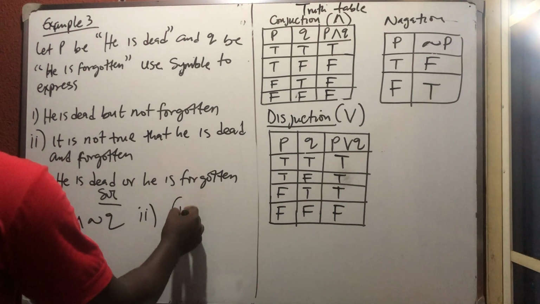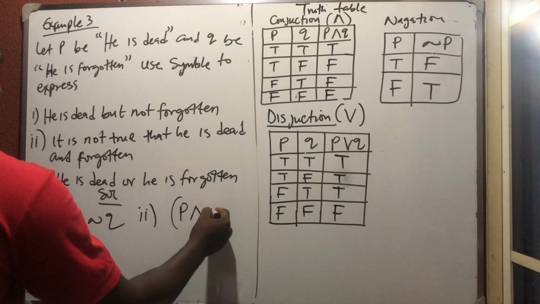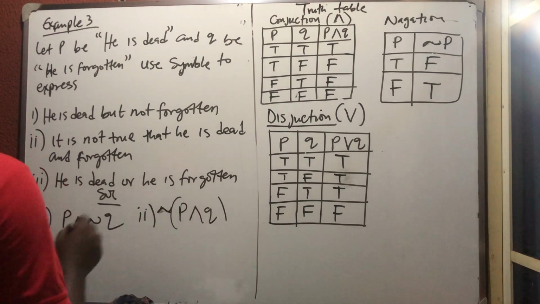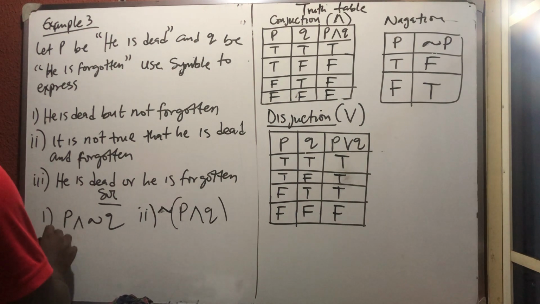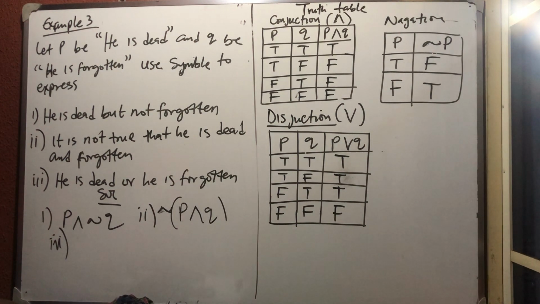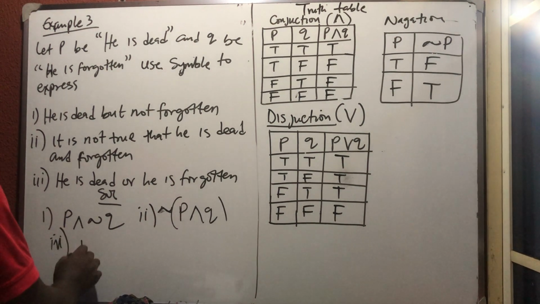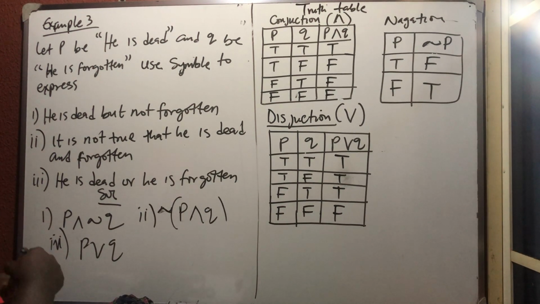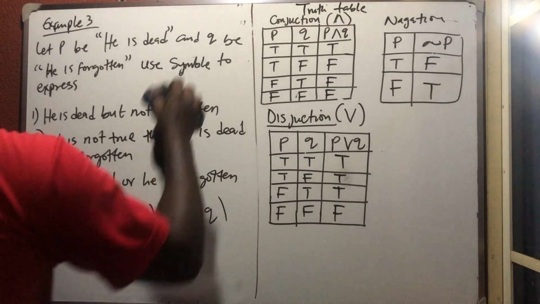First of all, he is dead and forgotten, then it is not true, the negation of the two. Then, he is dead or he is forgotten. So that is that. Let us continue with our examples.